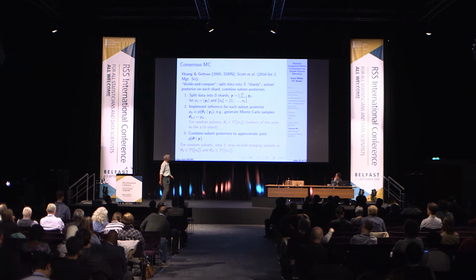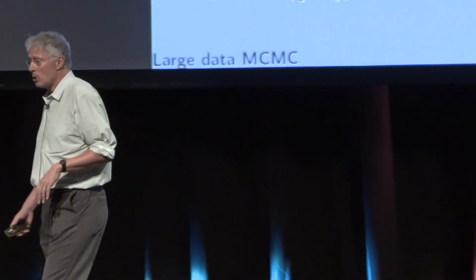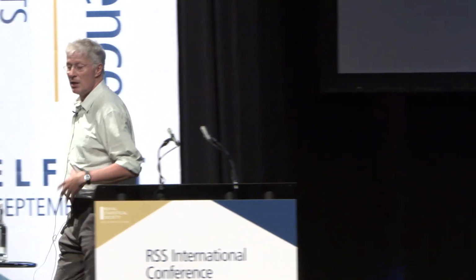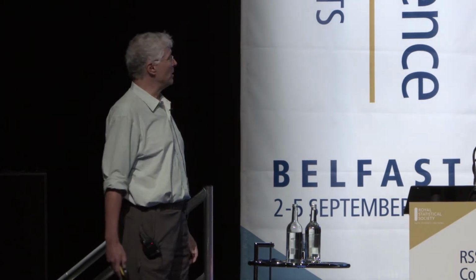In contrast, if you had inference on some common global hyperparameters, that is relatively easy to combine. You can do all kinds of tricks, and there's a whole literature on that. So the problem of doing consensus Monte Carlo with local parameters, like in random subsets, is that each subset posterior is actually about a different set of parameters, and you have to somehow intelligently piece them together.